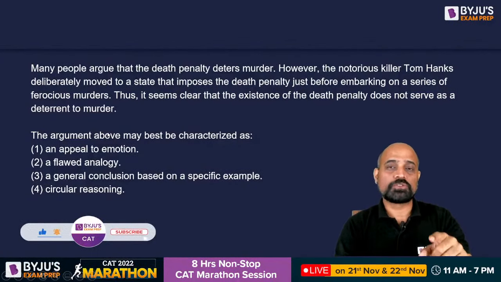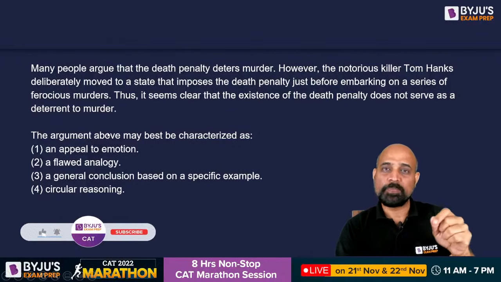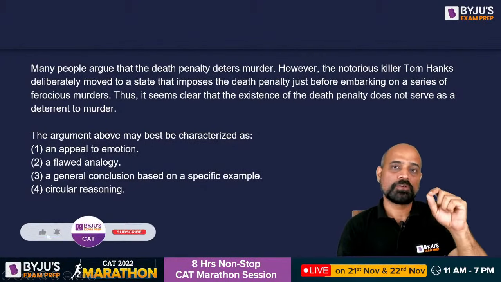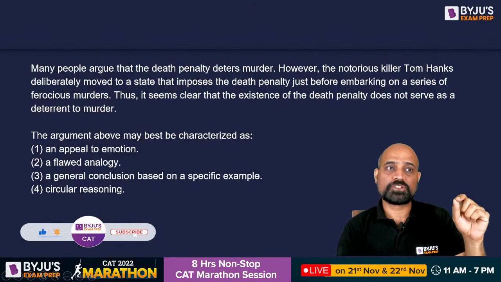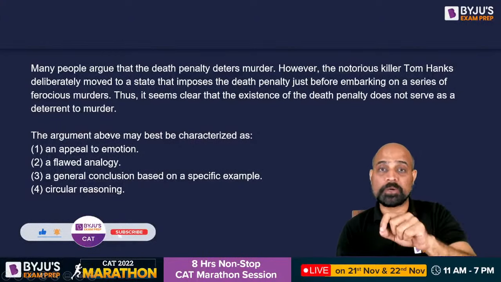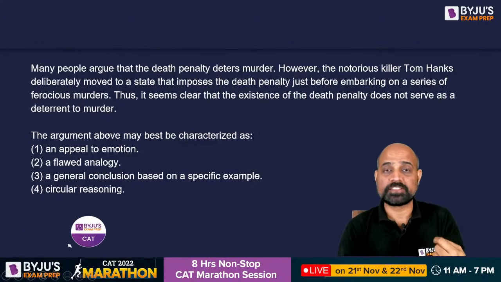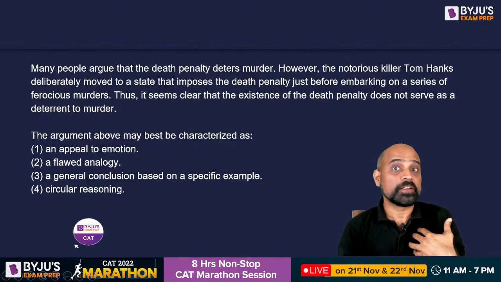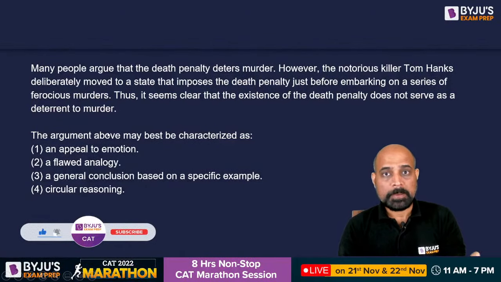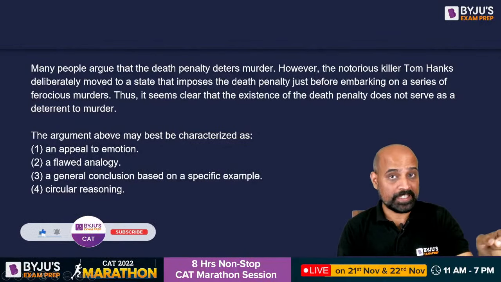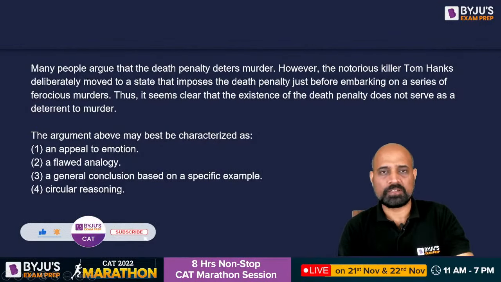So this one is talking about that death penalty is a method by which murderers will try not to murder people, as in someone who is going to be a murderer or somebody who is already a serial killer will try not to kill people, because then they will be afraid कि भाई death penalty मिल सकता है. But then they give us an example of a killer, Tom Hanks, who moved to a state. Obviously, it's some American state.